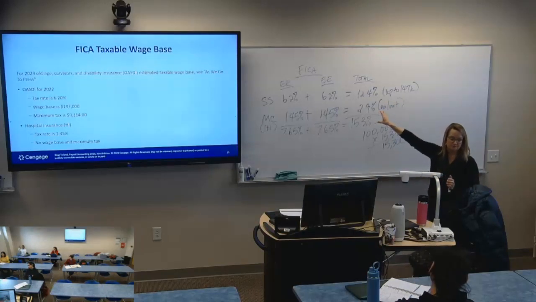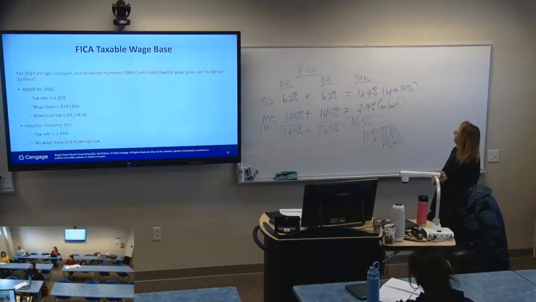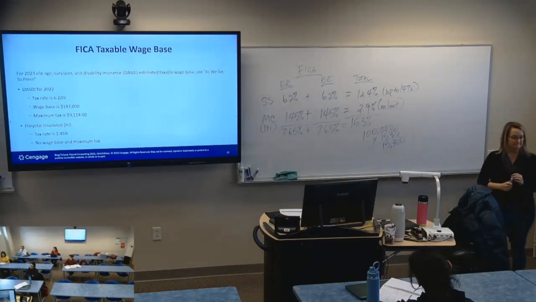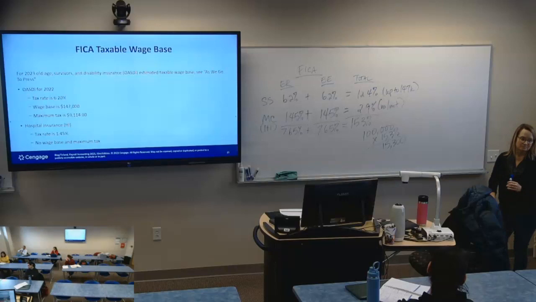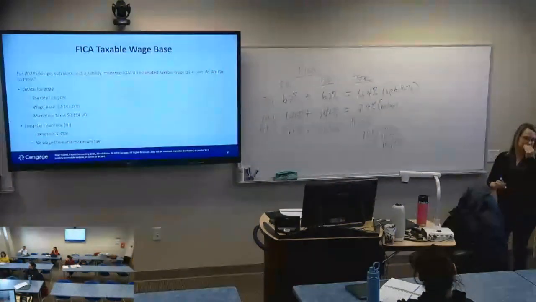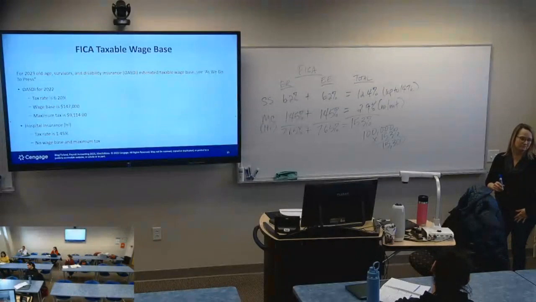Questions about this? So if the wage is never over 147, you can take the wage and multiply by 15.3%, and you have FICA together.